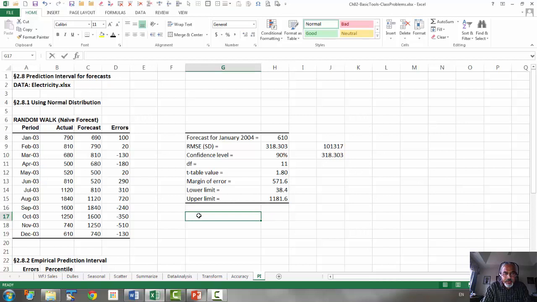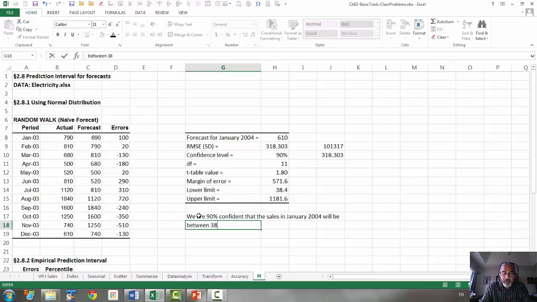So we can say here we are 90% confident that the sales in January 2004 will be between 38.4 and 1181.6.